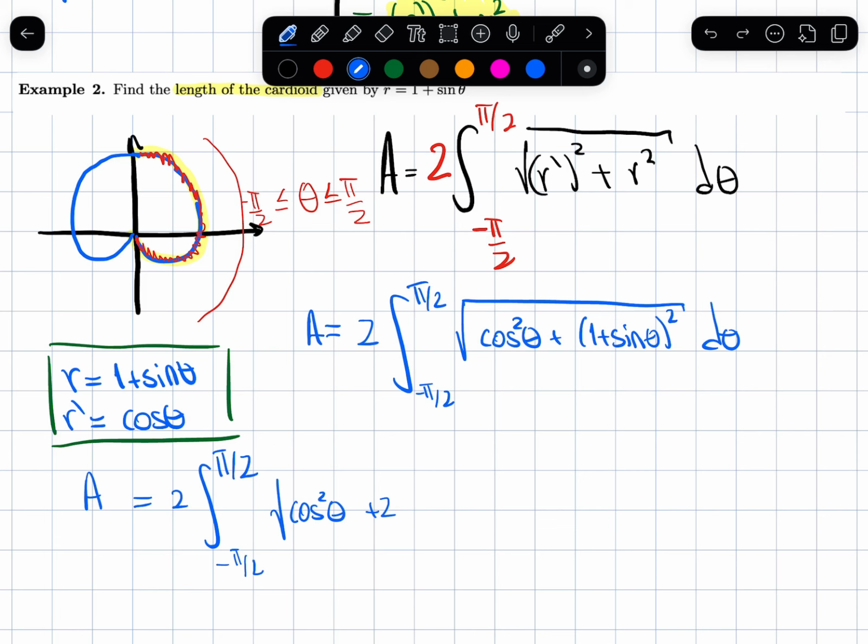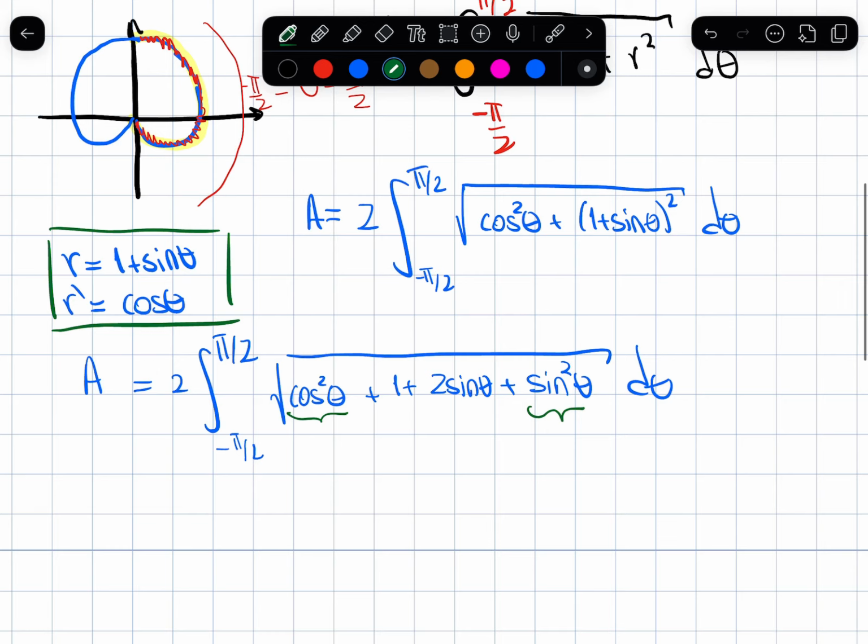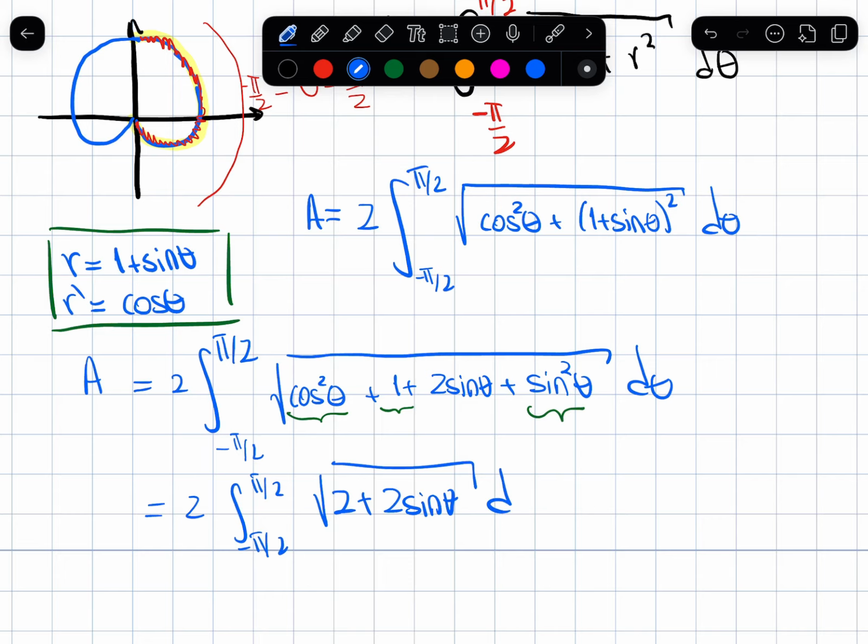This is a 1, 2 sine theta plus sine squared theta, all that inside of the square root. These two I get to combine and make a 1 together. Together with this one, that gives me a 2. Two plus 2 sine theta, and that's what you have to integrate.